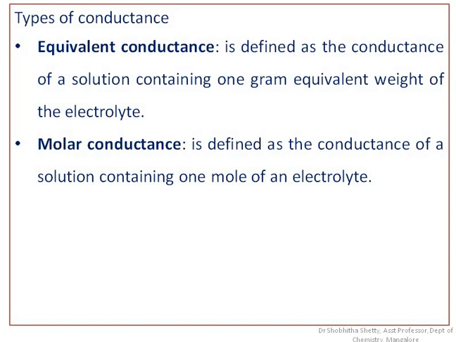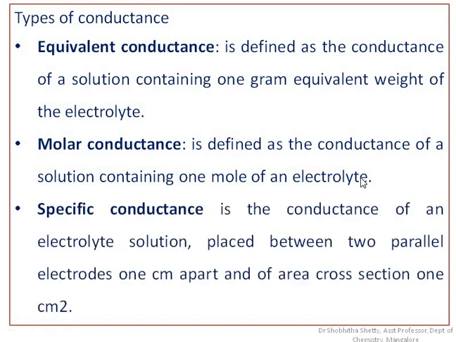So it is the conductance of a solution containing 1 mole of an electrolyte. Similarly, the specific conductance is the conductance of an electrolyte solution where the parallel electrodes are kept 1 centimeter apart and the area of cross section is 1 centimeter square, or 1 meter apart. If it is, then the area of cross section must be 1 meter square.